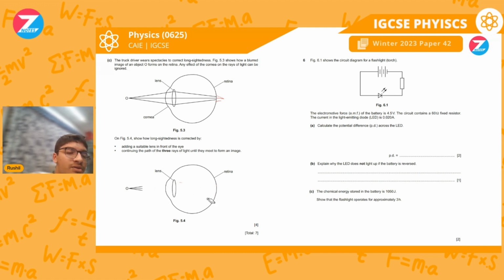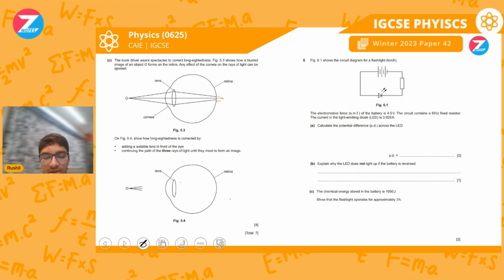All we have to do is basically reduce the focal length and make the rays converge a bit so that they can be perfectly converged by the lens. So the converging lens or the artificial lens basically does some of the job of the real lens when the real lens is incapable of doing so, such as in this situation. So this is what long sightedness is.